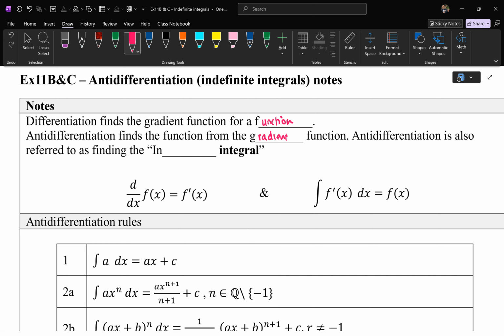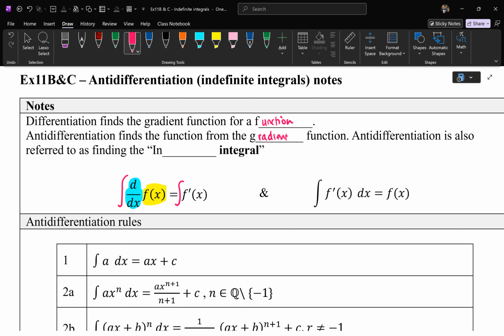Okay, so how I show it in this notation. The first notation here, I'm saying if this is your function, f of x, and I decide to do the derivative, so delta f delta x, that means find the derivative of f of x, we then say f dash of x. But then when you antiderive, what if I antiderived the derivative? Then whatever you do to the right, you do to the left as well.